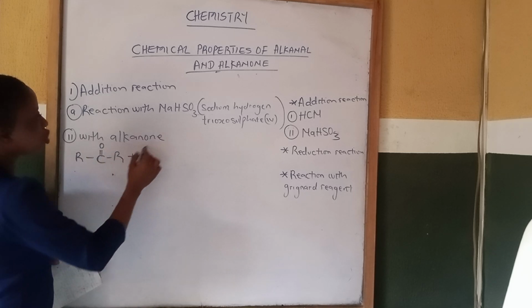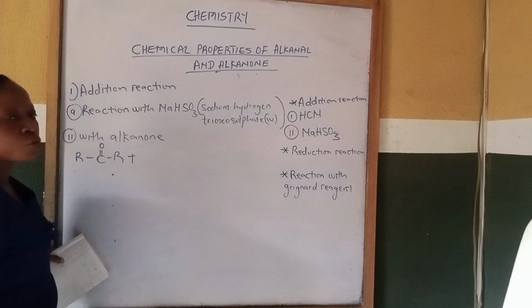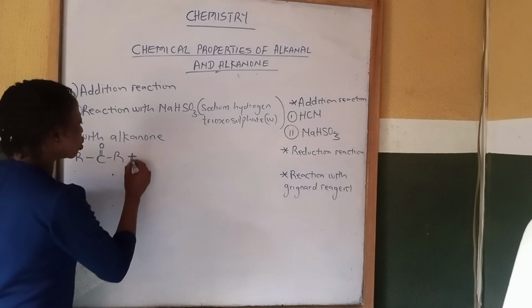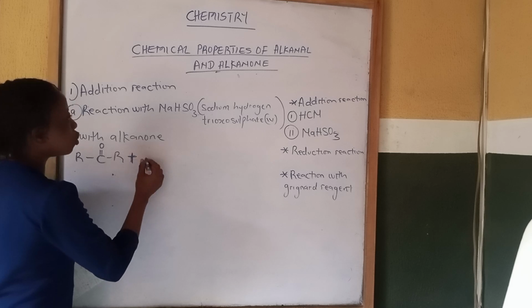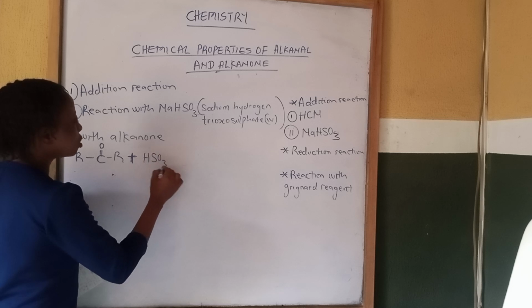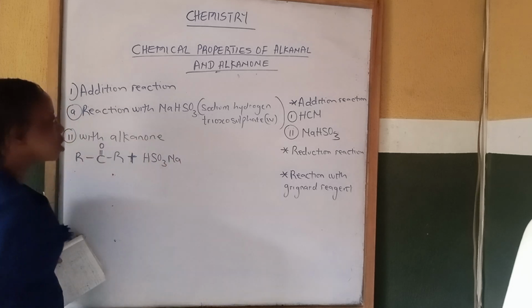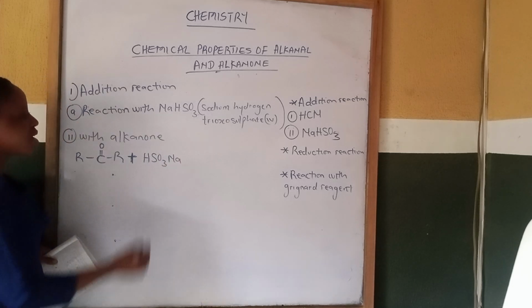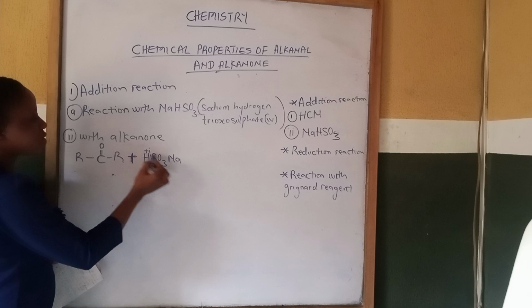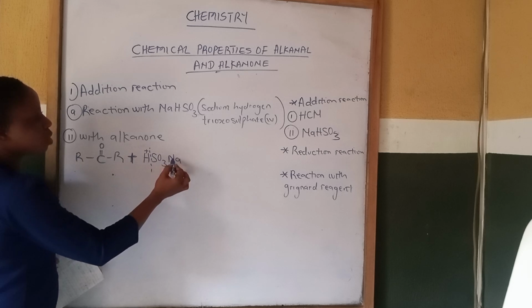Then reacting with sodium hydrogen trioxosulfate(IV), which I can also write as HSO3Na. Then the sodium hydrogen trioxosulfate(IV) will decompose to hydrogen positive and sodium trioxosulfate(IV) negative.